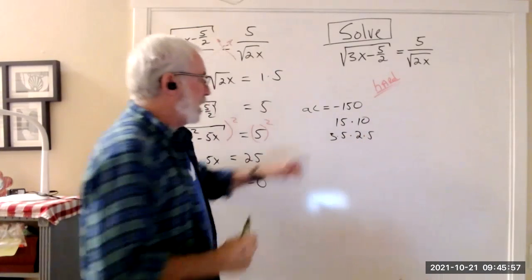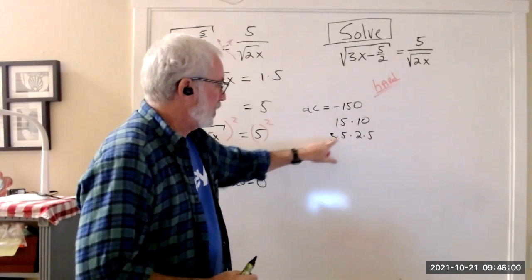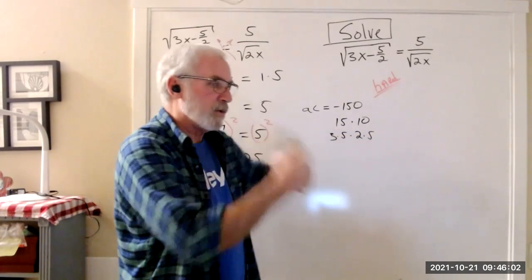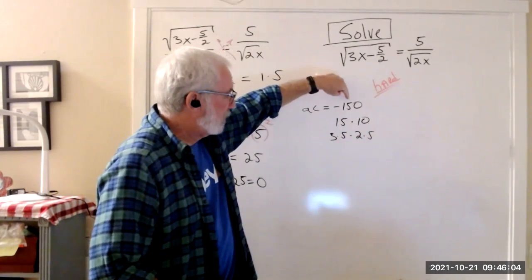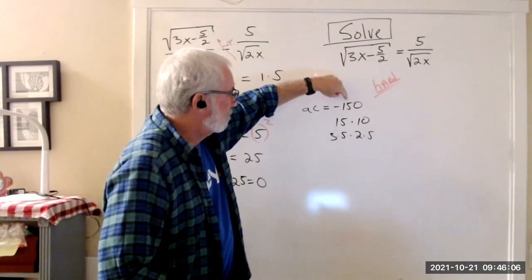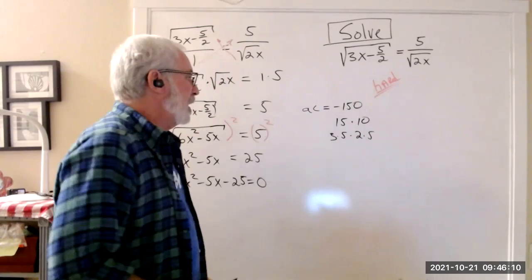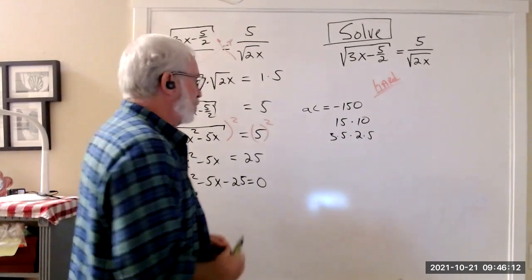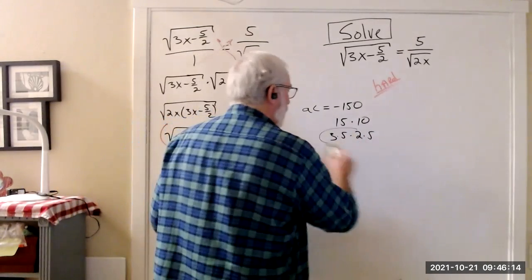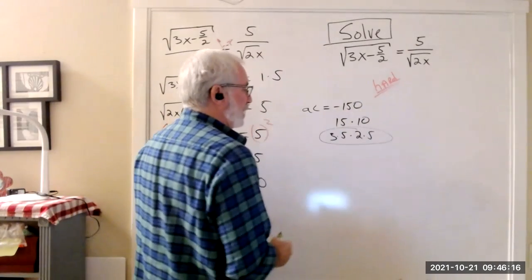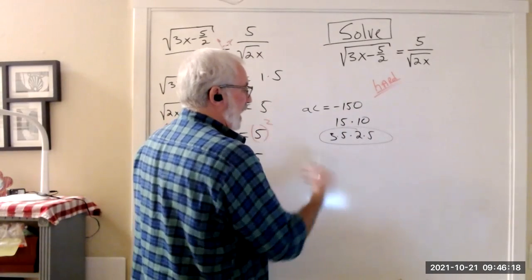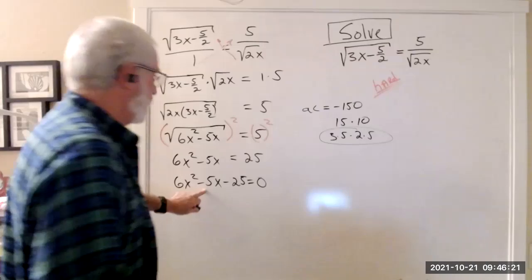Now, any way you put those together, 3 times 5 times 2 times 5, any way you rearrange it will eventually equal 150. So remember the AC method, I want to put these together in such a way that they multiply to make 150 negative, but they add or subtract to make negative 5.